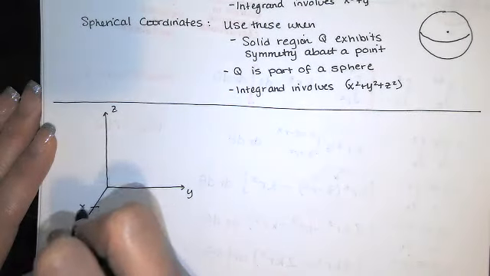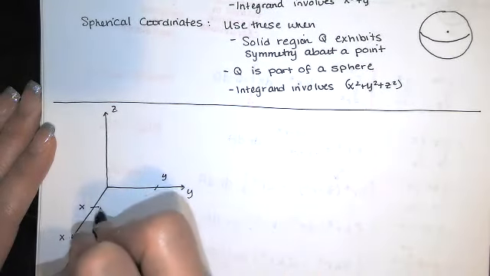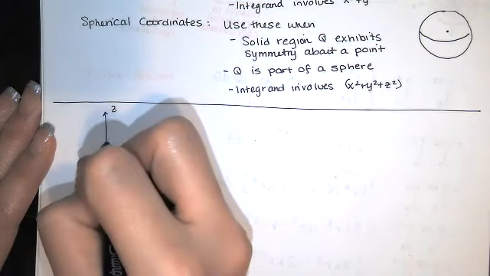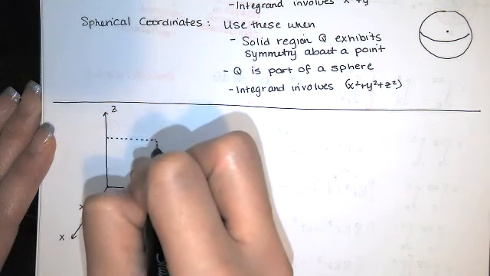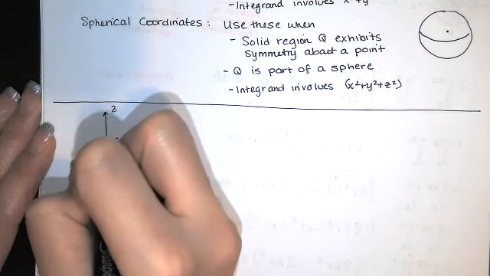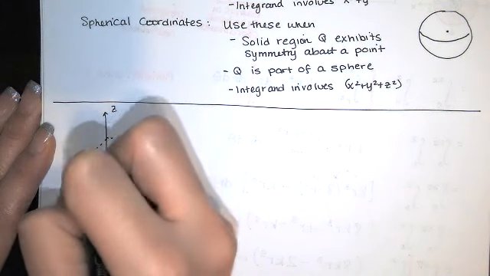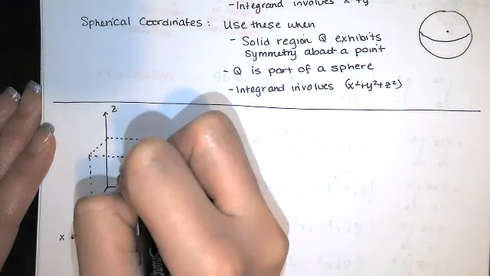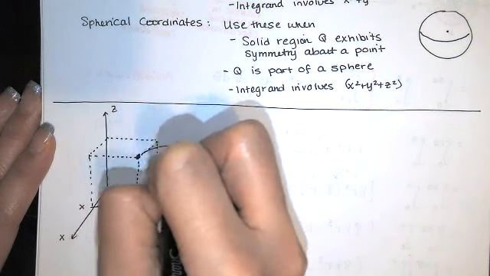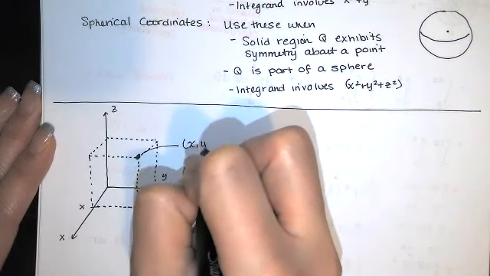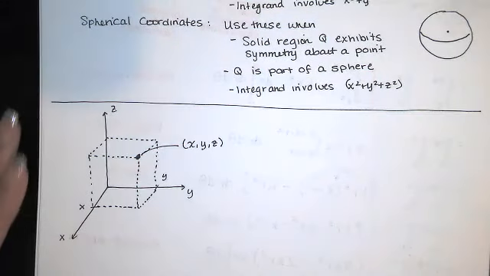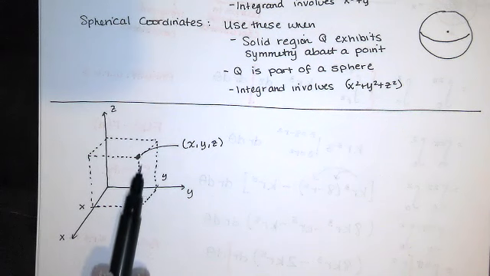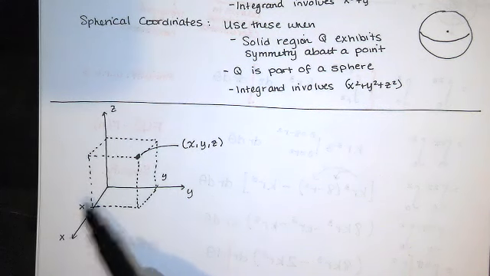So let's say we're at location x, y, z, and I'm just drawing my little rectangular box to help me locate this point, and I'm going to draw it in the first octant. This distance from here to here is y, this distance from here to here is z, and the distance from there to there is x.